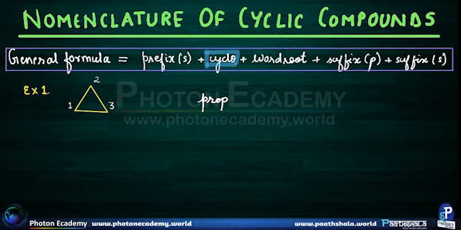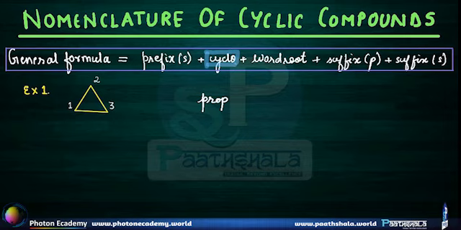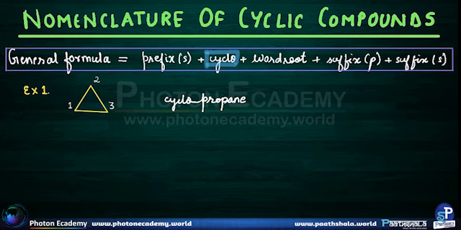Now, there is no prefix present because there is no substituent or double or triple bond, and there is no secondary suffix because there is no functional group. The only primary suffix will be ane because there are no double or triple bonds. And before the word root, we need to add the word cyclo. So, the name of this compound is cyclopropane.